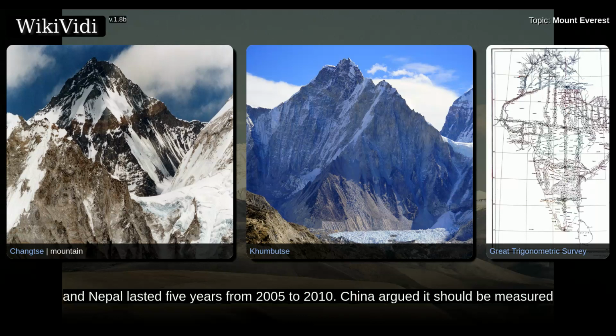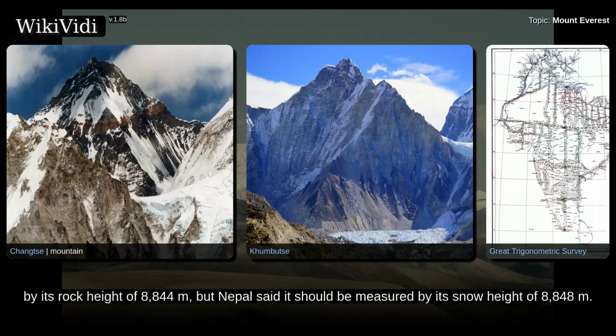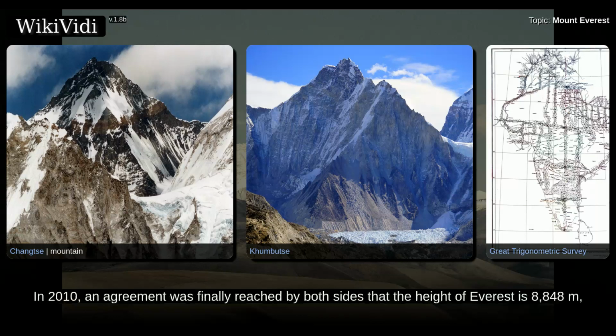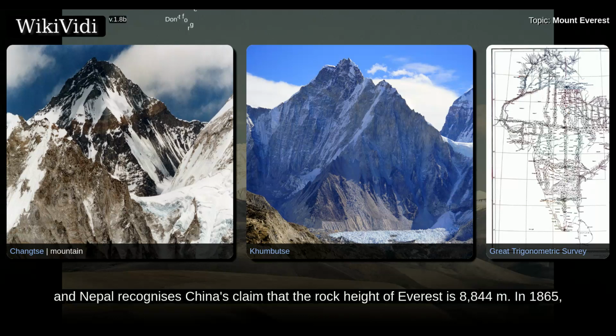China argued it should be measured by its rock height of 8,844 meters, but Nepal said it should be measured by its snow height of 8,848 meters. In 2010, an agreement was finally reached by both sides that the height of Everest is 8,848 meters.